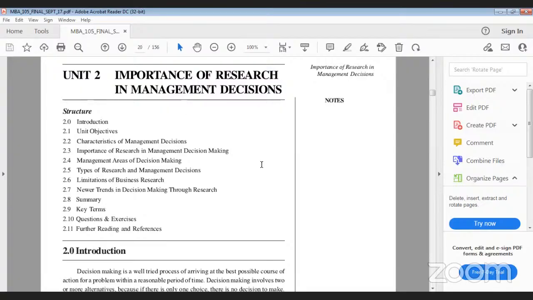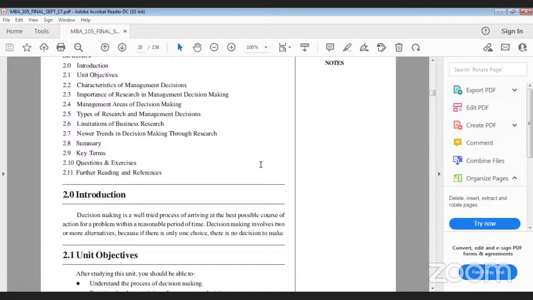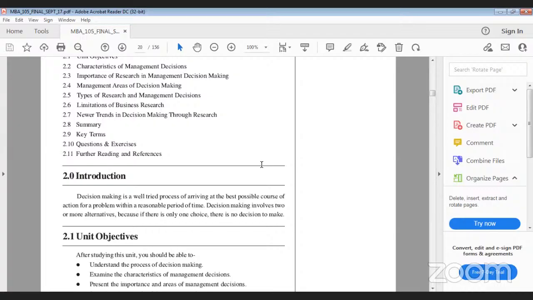Decision making means a well-timed process of arriving at the best possible course of action for a problem within a reasonable period of time.